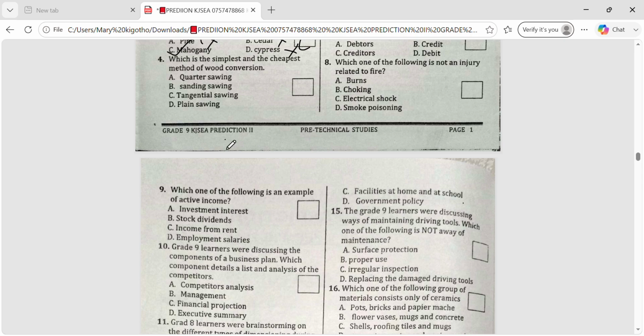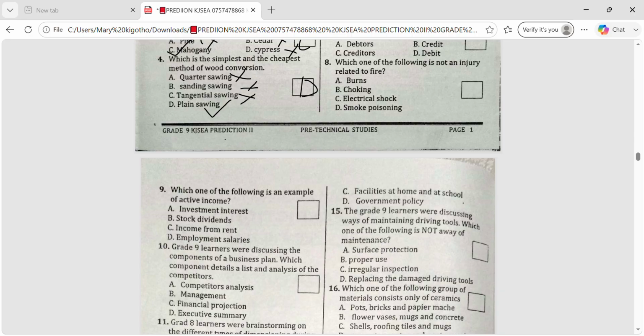So the cheapest method. We have plain sawing, quarter sawing, no, that's out, that's expensive. Sanding, no. Tangential sawing, that's a very expensive method. So the correct answer should be plain sawing, that is D.